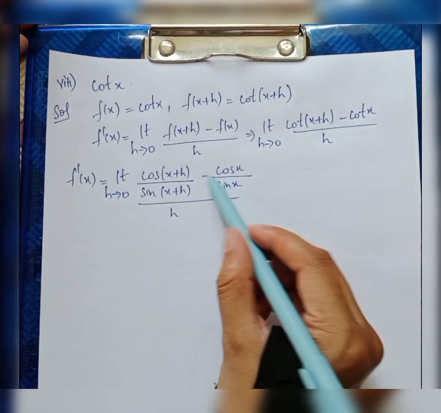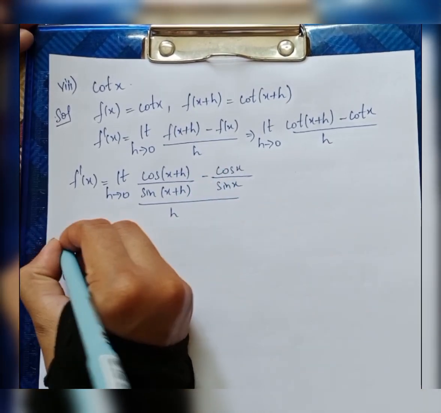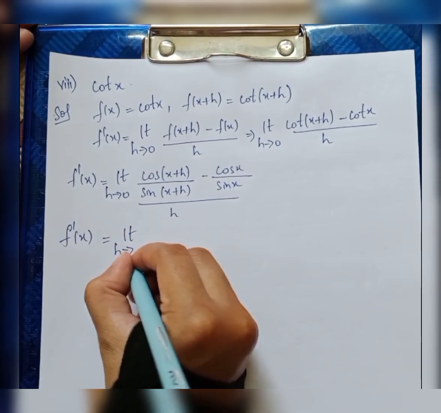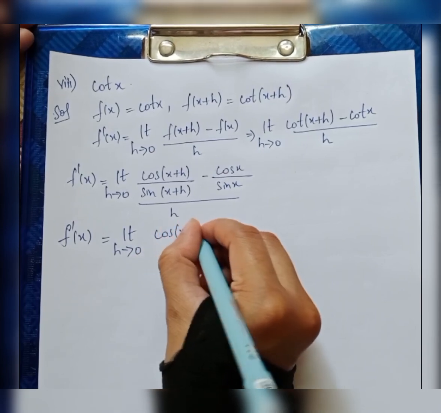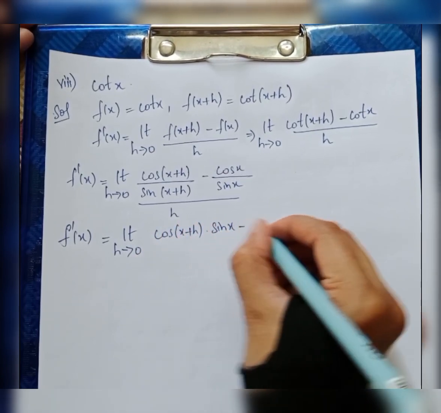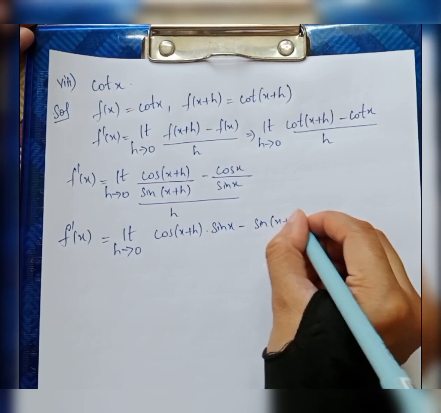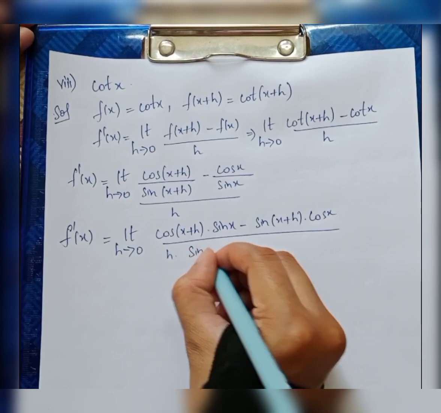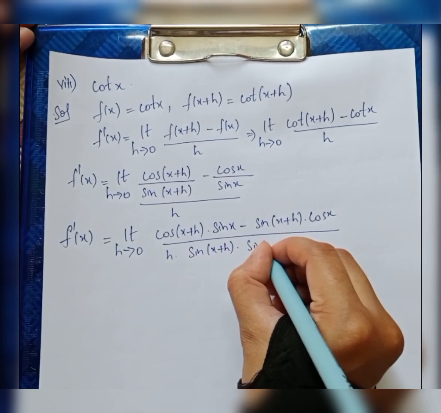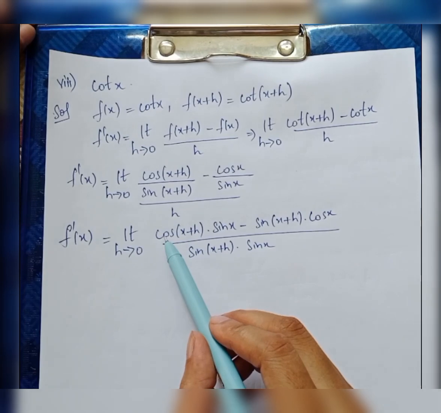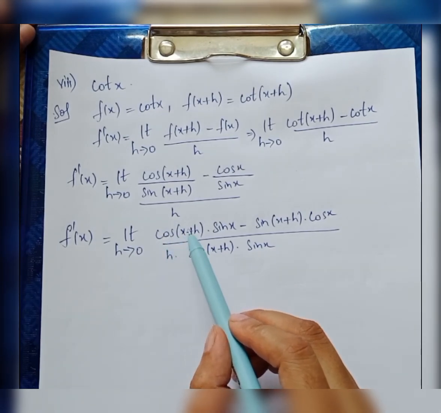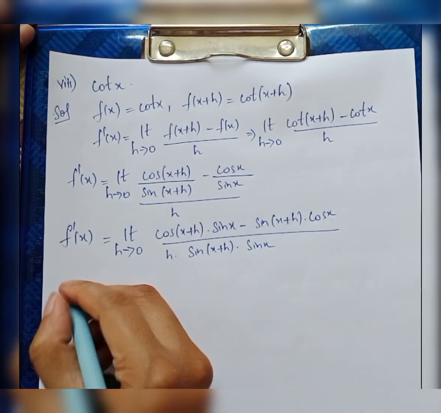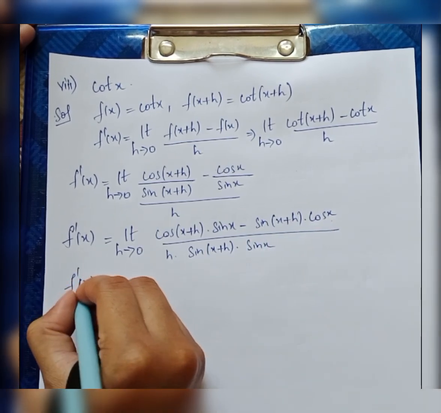Now taking the LCM, this term comes over here and this over here. So f dash of x is equal to limit h tends to 0 (cos (x plus h) into sin x minus sin (x plus h) into cos x) by (h into sin (x plus h) into sin x). Now here comes the formula, cos b sin a minus sin b cos a, so it is sin (a minus b).